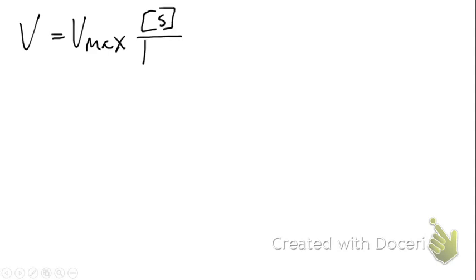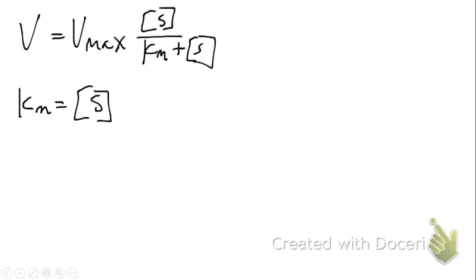And so we know that V is equal to Vmax times S over Km plus S. Let's say there's a situation in our body where Km is equal to half Vmax, as we saw on the Michaelis-Menten equation.